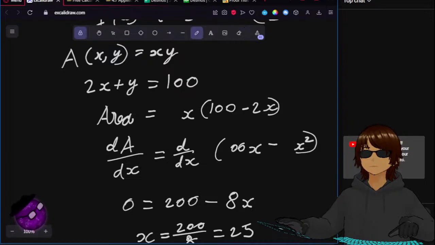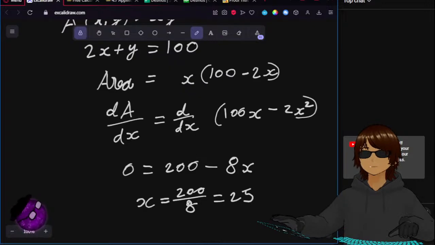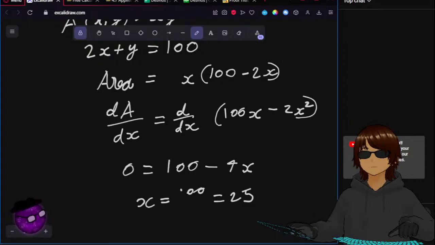Which means this is 100 minus 2, but the final result would be the same.